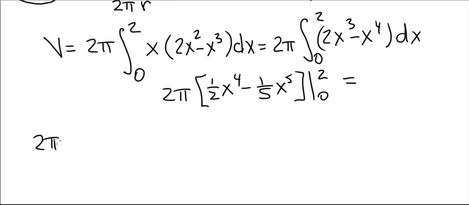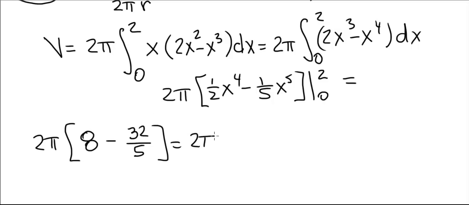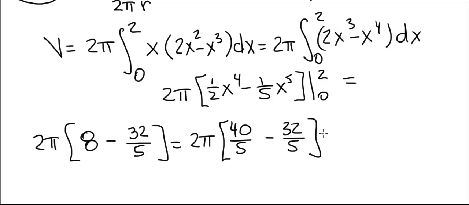We have 2 pi times (16 over 2, which is 8, minus 32 over 5), and so this is 2 pi times (40 over 5 minus 32 over 5), or 2 pi times 8 over 5, or 16 pi divided by 5 as the final answer.